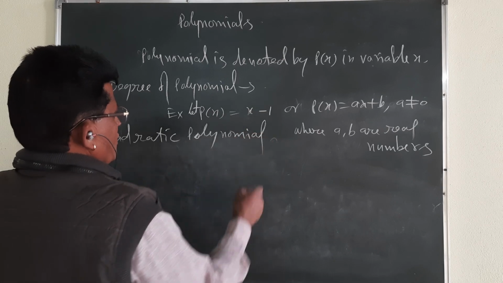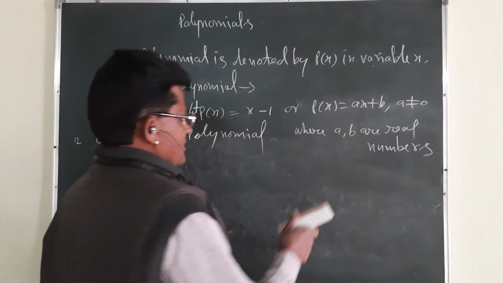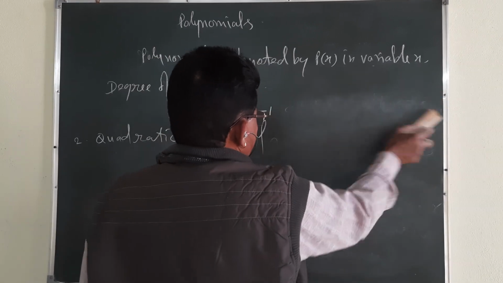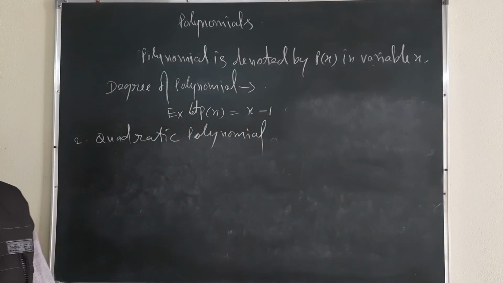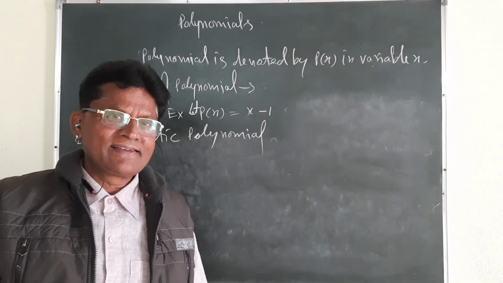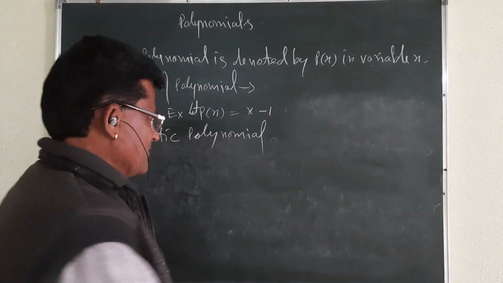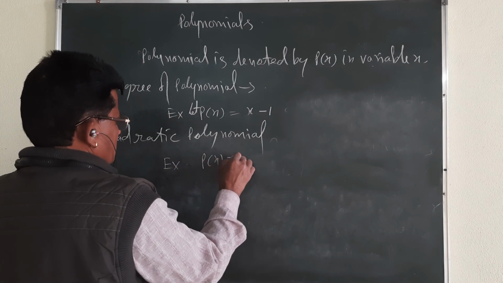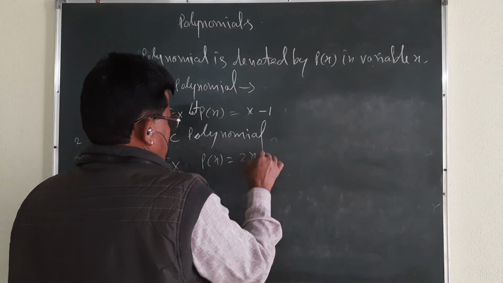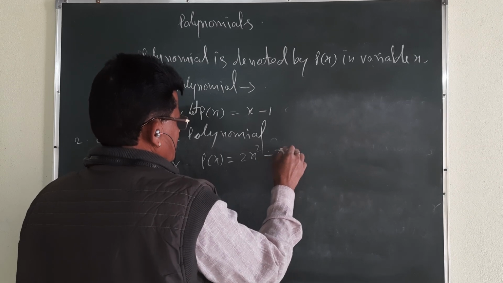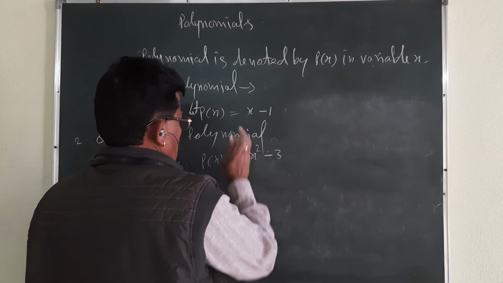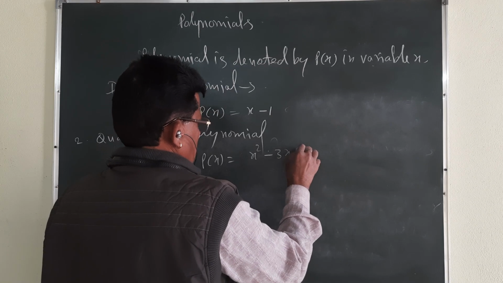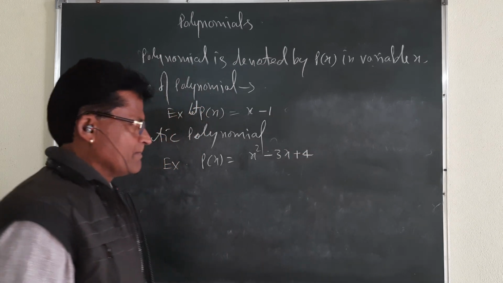Naturally, it is clear from the definition. What will be the quadratic polynomial? If the highest power is 2. Let me take an example of a quadratic polynomial so that you will understand. Px will be equal to 2x square minus 3, or x square minus 3x plus 4.